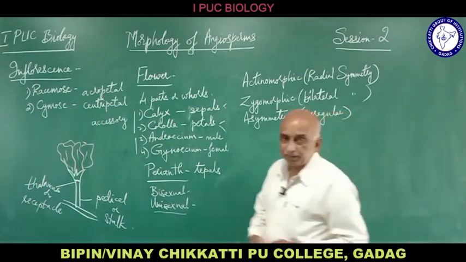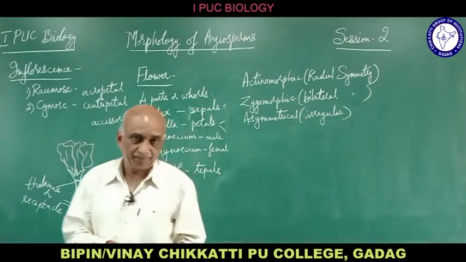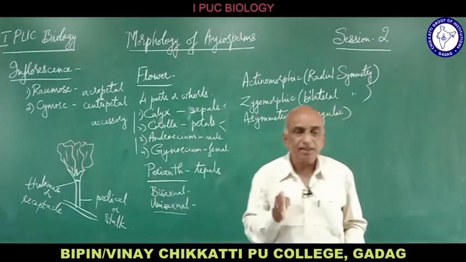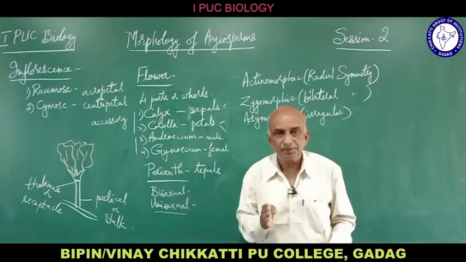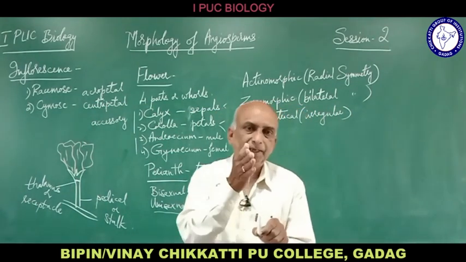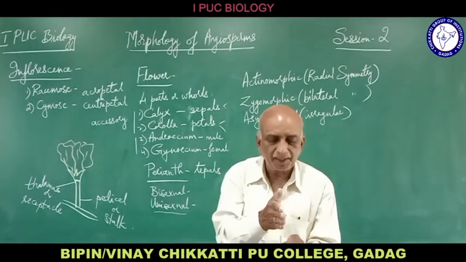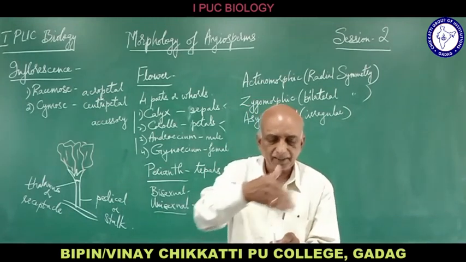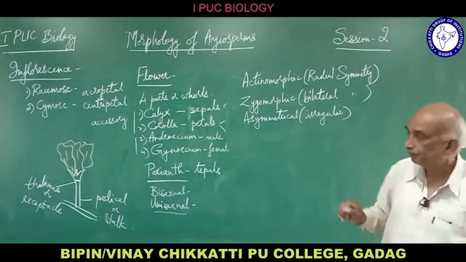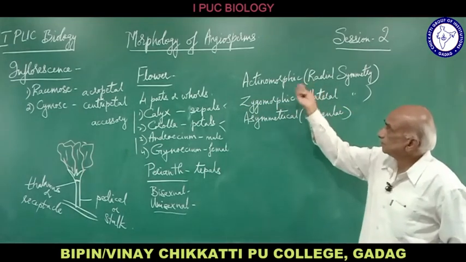Already in animals we have studied what radial symmetry is. Radial symmetry means an animal which can be divided into two equal halves through any plane. So if you take an animal, if we can divide that animal in this plane into two halves, or in this plane, in any plane if you divide, we call it radial symmetry.